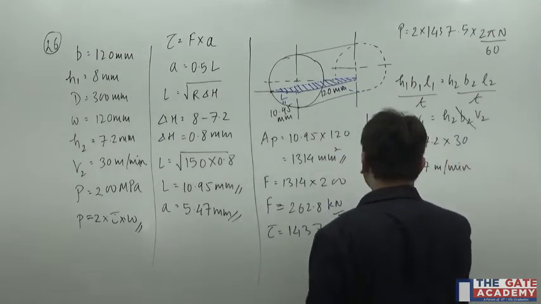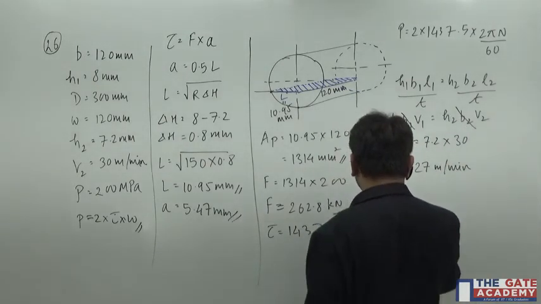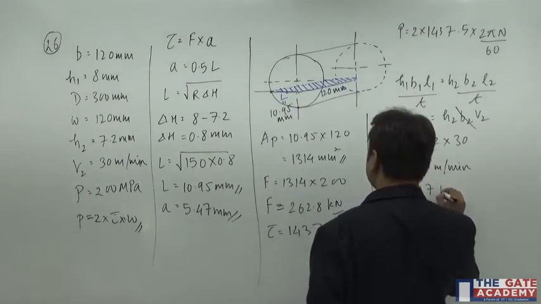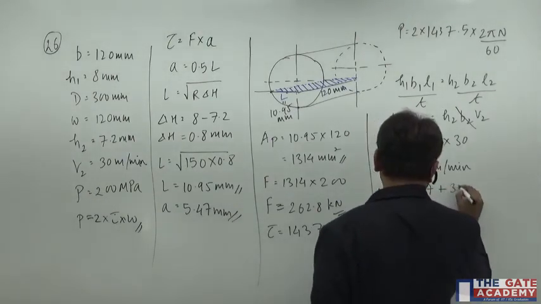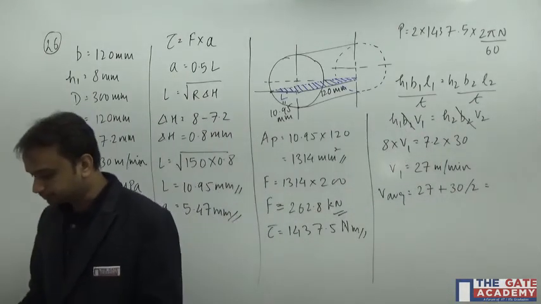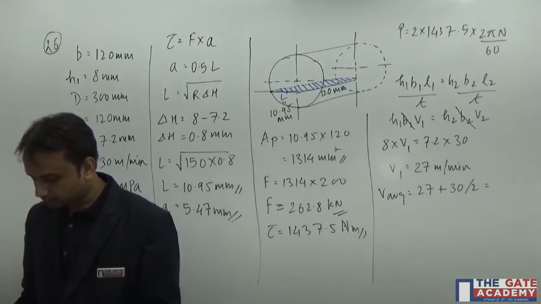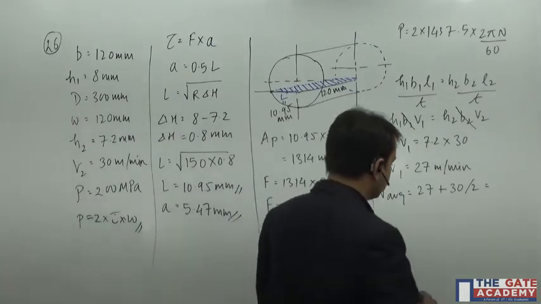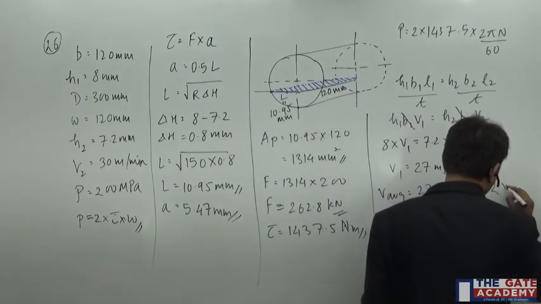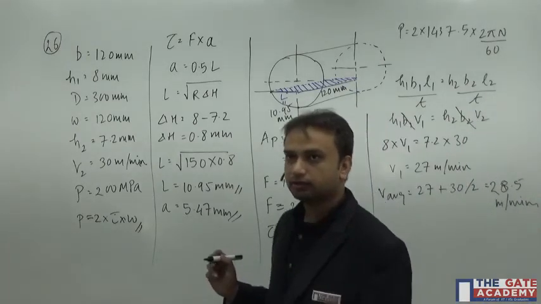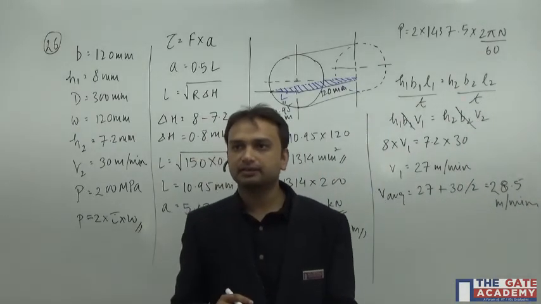Yeah. So we have got V1, we have got V2. Now it's time to calculate V average. So V average is 27 plus V2 is 30 divided by 2. You will get V average as 28.5 meter per minute. I hope you are able to see that.